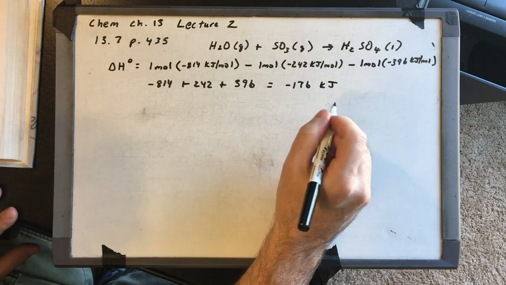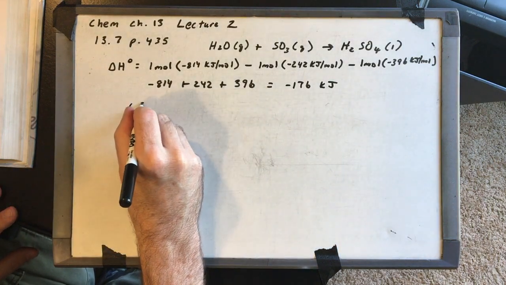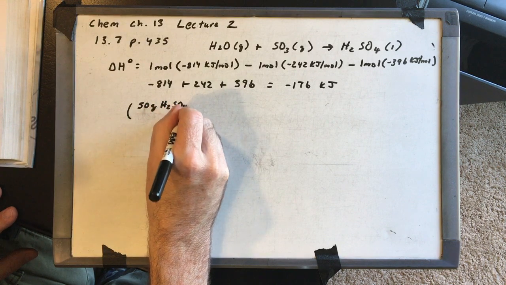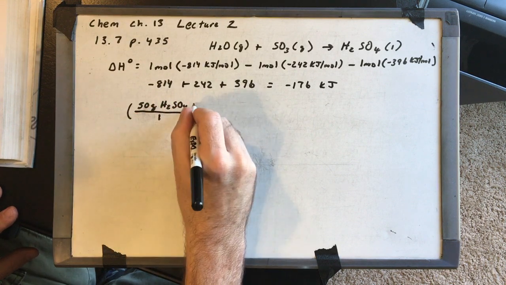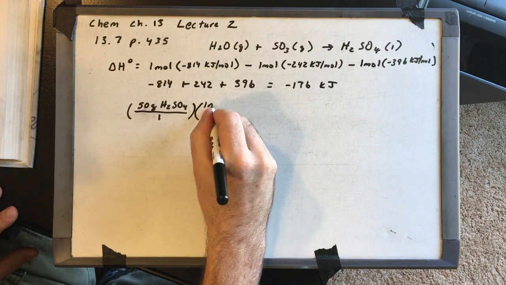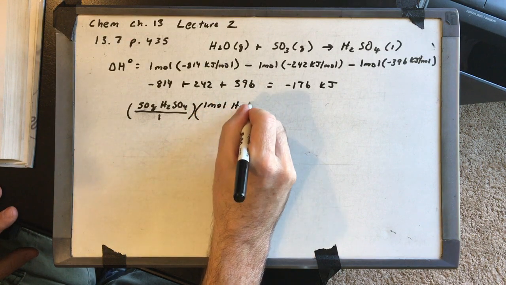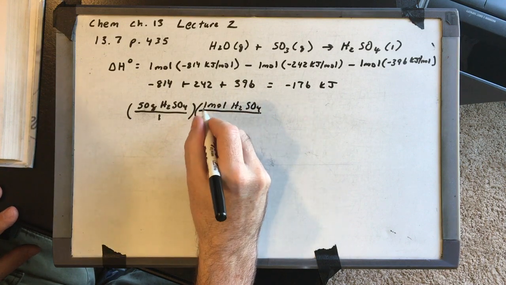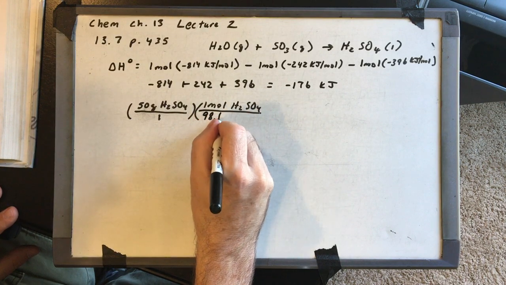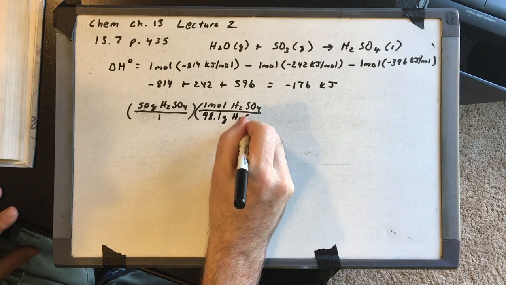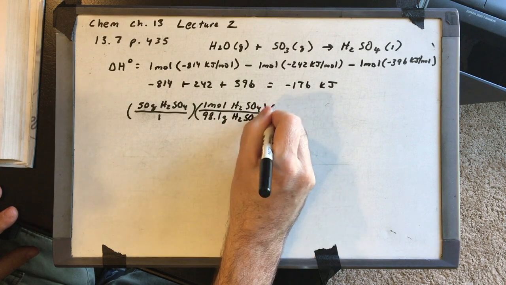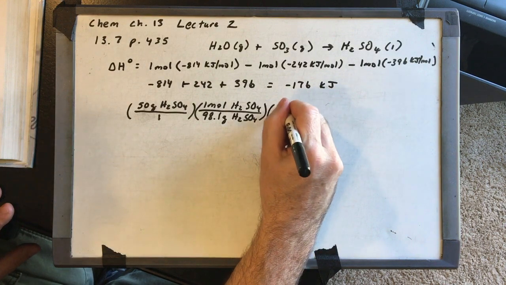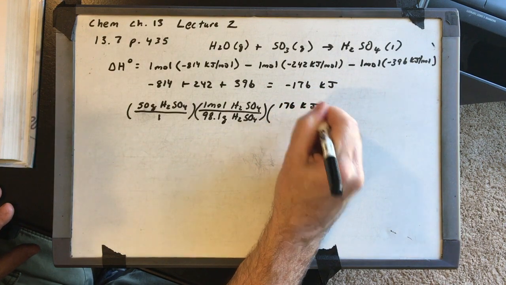Now we can use the stoichiometric process. So we have 50 grams of H2SO4. We need to convert that to moles, so 1 mole. If you add up H2SO4, you'll get 98.1 grams per mole. And now we're going to do this stoichiometry part. 176 kilojoules are released.